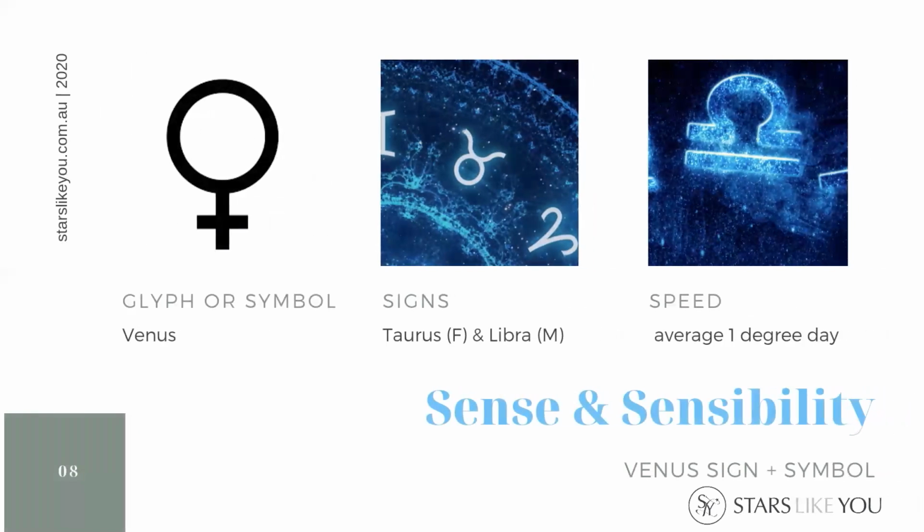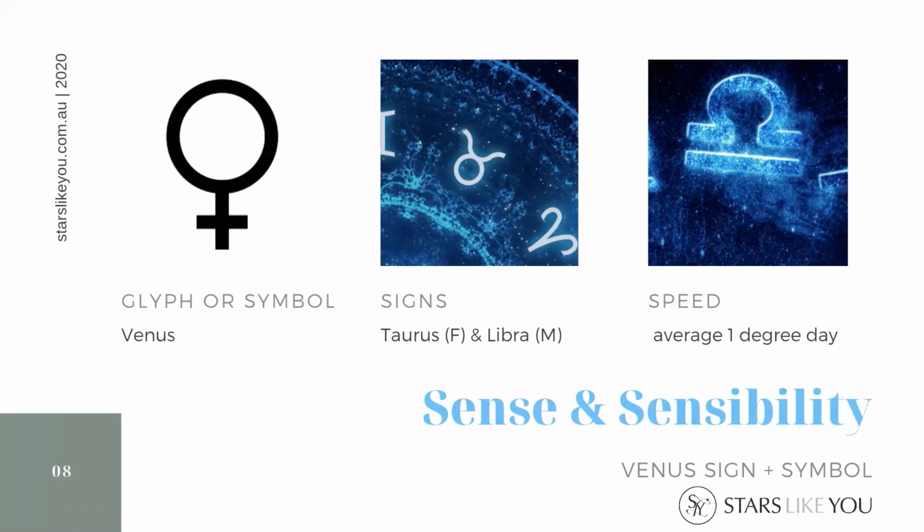And so first of all, let's just have a look at the symbols and signs relevant for Venus. And so you can see her glyph or symbol there, the circle with the cross underneath it. And Venus is said to rule the signs of Taurus and Libra.